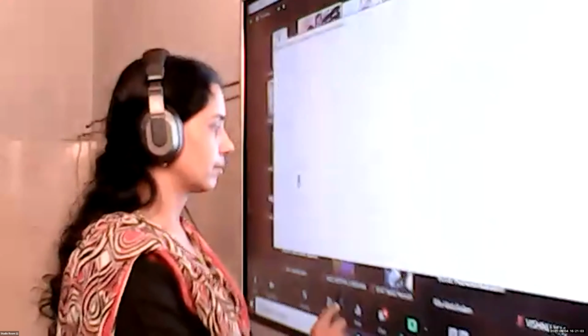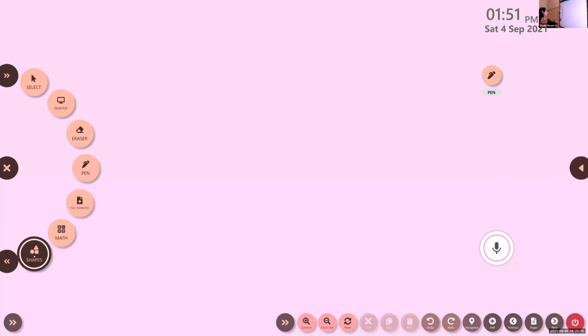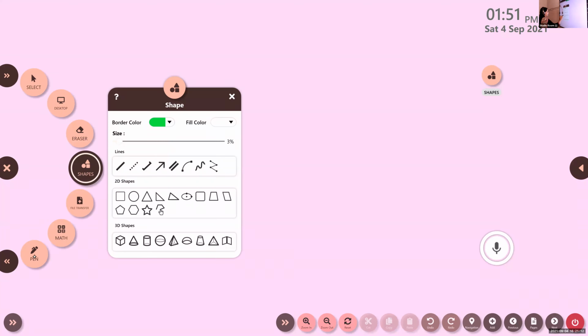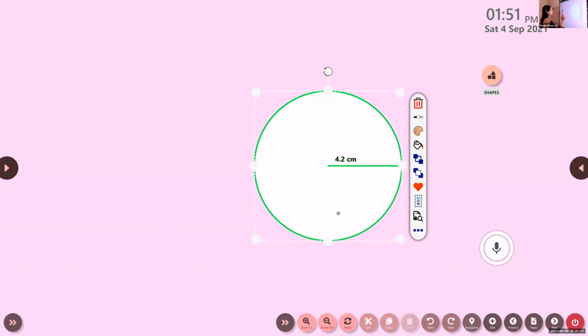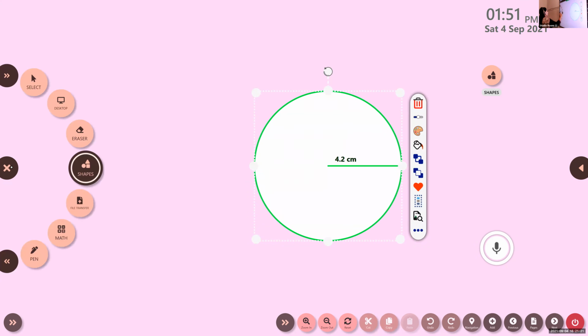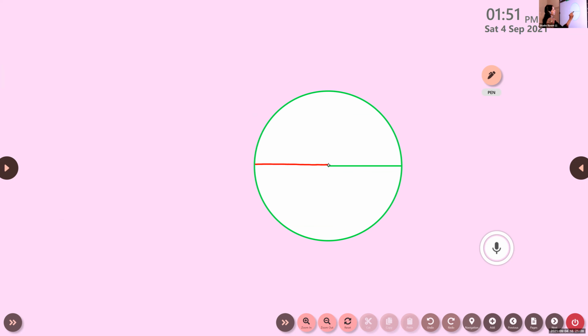And OD is the diameter of the larger circle. Sorry, one second. OD is the diameter of the smaller circle.